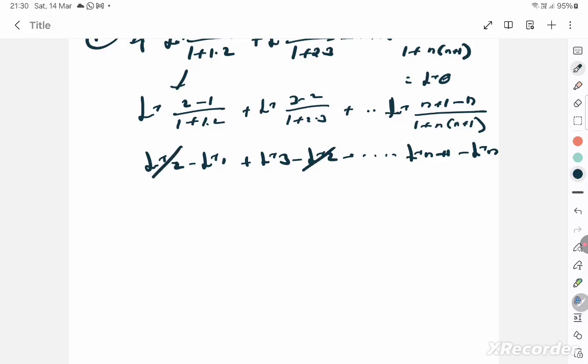So tan inverse of 2 is getting cancelled. Tan inverse of 3 will get cancelled. Tan inverse of n will get cancelled. The first term, that is tan inverse of 1, and the last term will not get cancelled. All with a plus sign.